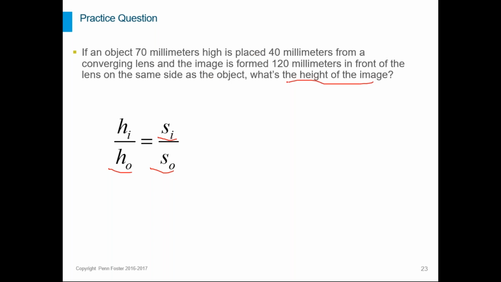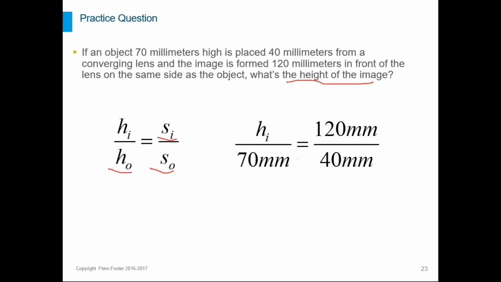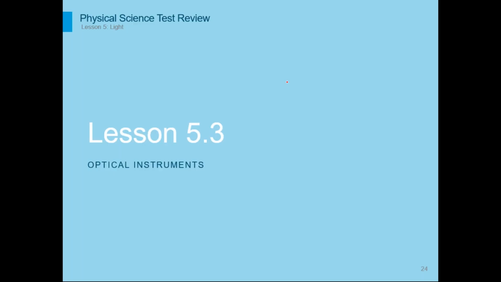So we're left with what's the height of the image, and that's what it actually asks us to find, so that's good. Just again, we cross multiply. 40 times hi is equal to 70 times 120. So 70 times 120 gives us 8,400. Then we divide to find our final answer.